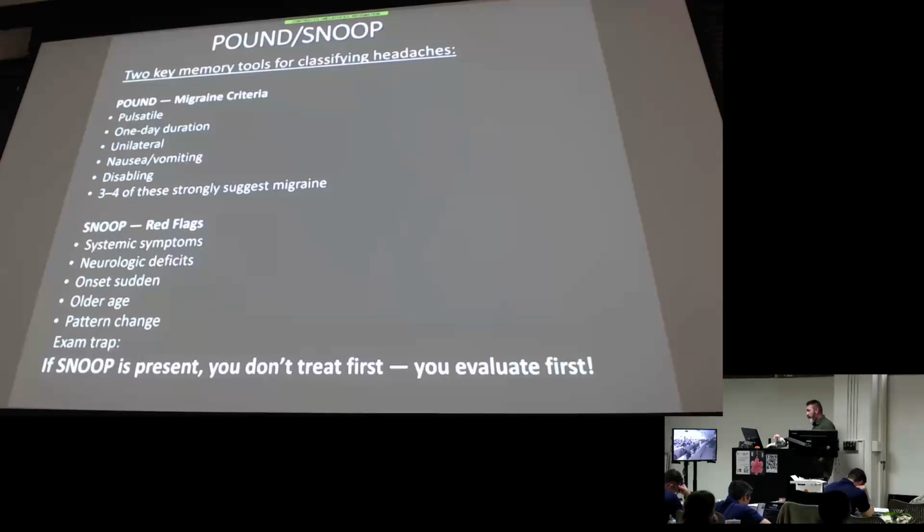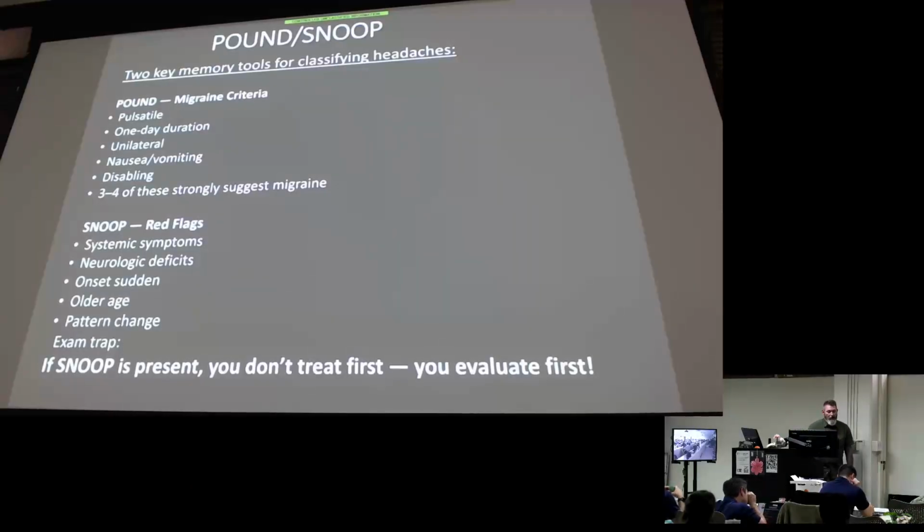They're usually associated with nausea and vomiting. And they're often disabling, right? You're going to see this patient not doing anything. They're going to be in a dark room, kind of laying over, clutching their head probably. They are out of commission. They're not functioning. And if you have 3 or 4 in the POUND acronym there, then that's strongly suggestive of migraine.